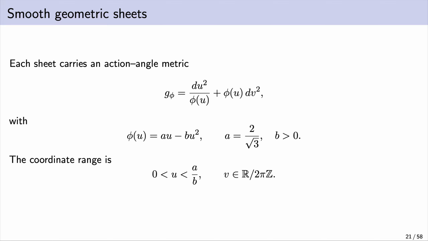All right, so we can look at smooth geometric sheets, and like I said, we can put positive constant Gaussian curvature metrics on them.